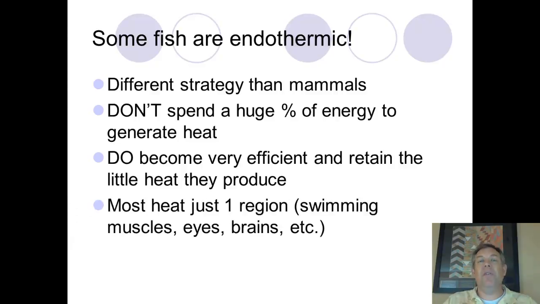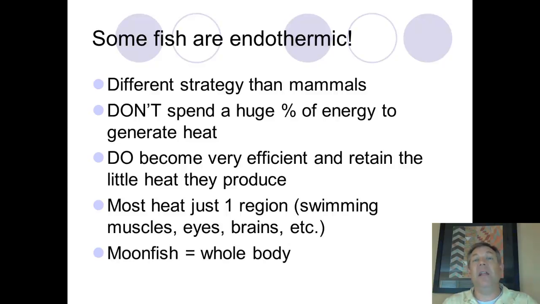And most of the fish that are endothermic are only endothermic in sort of one region. Their swimming muscles, or around their eyes or their brain, so some critical component of their body, but the rest of their body tends to be the temperature of their surroundings.